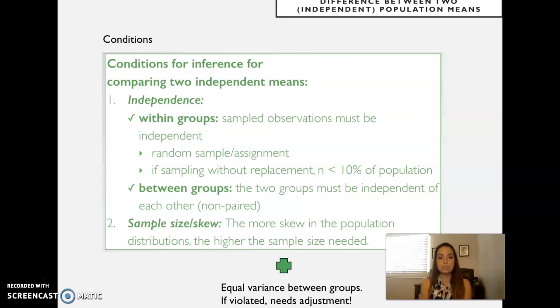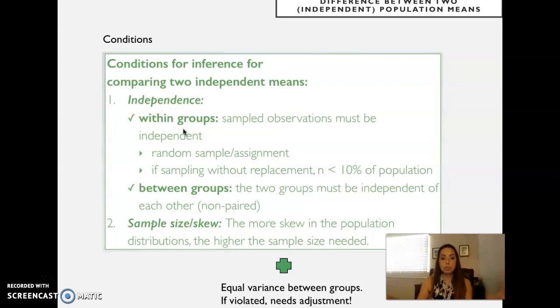If I were sampling without replacement, which is always true in studies, because we sample a person, we don't put the person back to run the risk of running that person again in the experiment, we need the sample size to be less than 10% of the population. All of these things should be true in order to guarantee the independence within the groups, within the observations, between the participants in the same group.